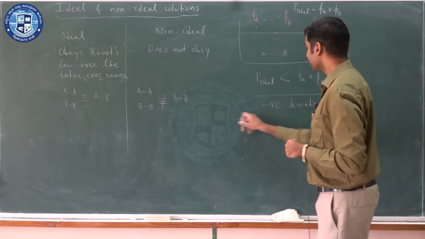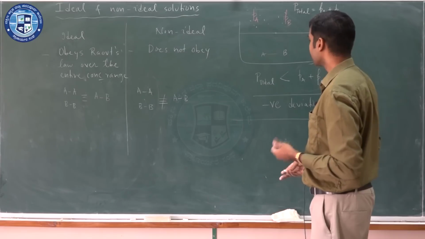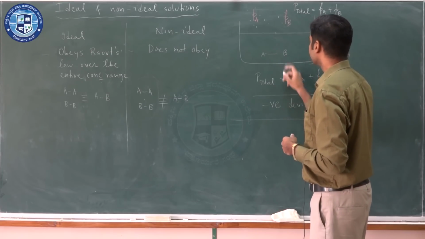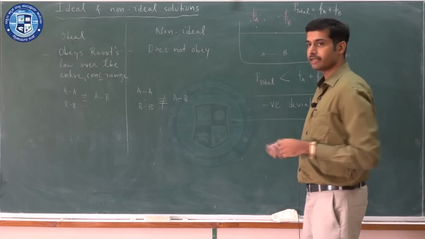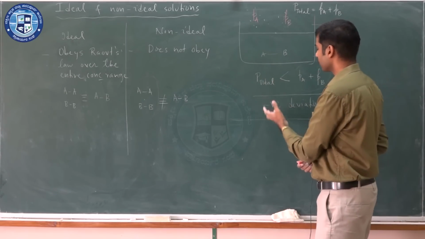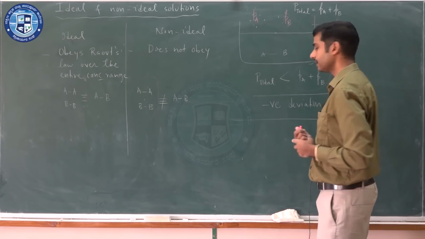But if the interaction is positive, what will happen? If the interaction is now repulsive in nature, the first one, interaction is attractive, I have told you the consequence, P total is less than the sum.